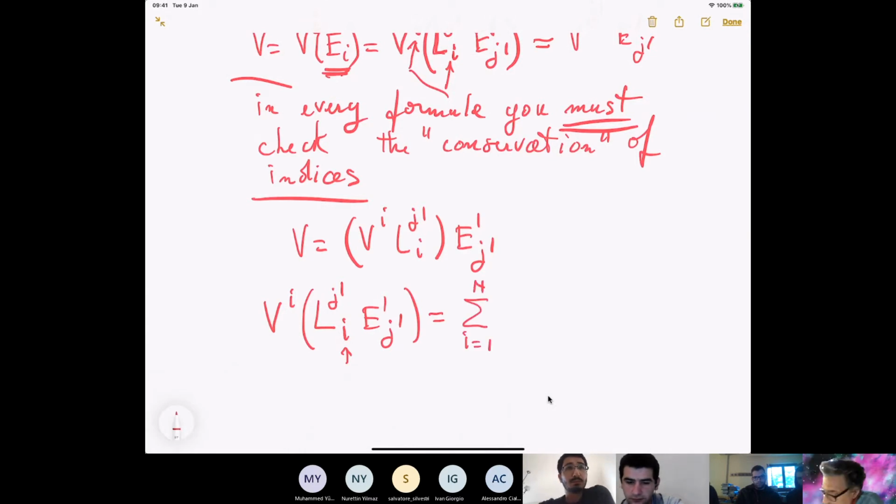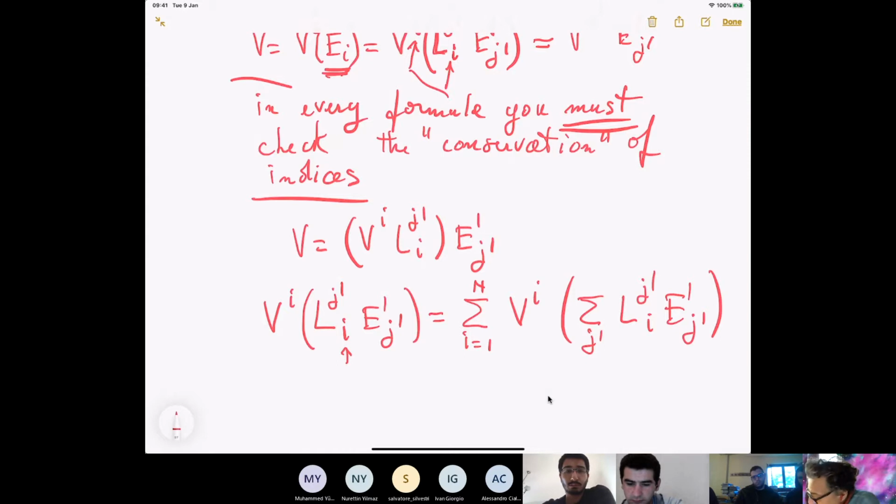This is something which works. Summation over j prime of L_j'^i e'_j'. Okay. So this is the meaning of this compact formula.